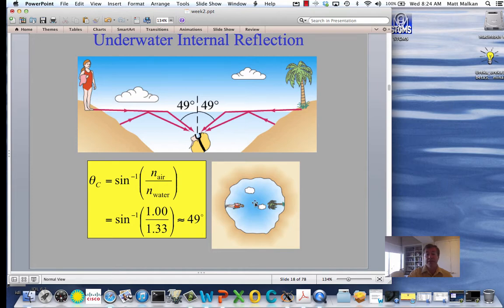So you can see from the zenith, of course, out to 49 degrees that way, 49 degrees that way, 49 degrees that way, and you cannot see anything.